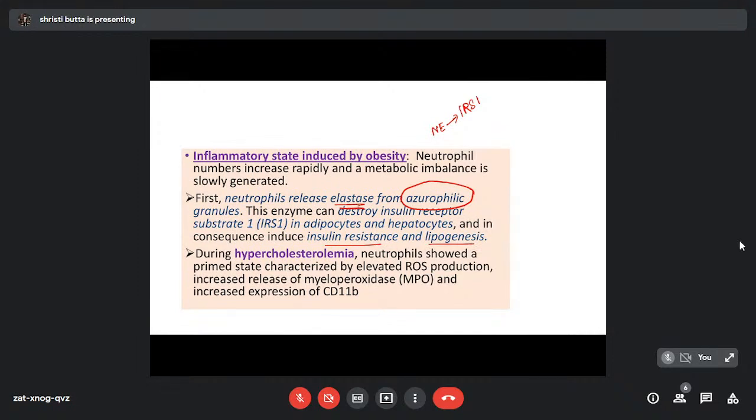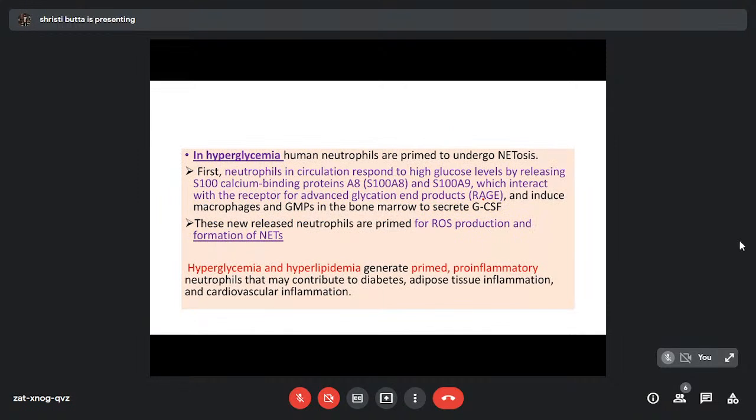In addition, during hypercholesterolemia, neutrophils show a primed state characterized by elevated levels of reactive oxygen species, increased release of MPO, and increased expression of CD11b. So what is the implication? The implication is that in hyperglycemia, neutrophils in circulation respond to high levels of glucose by releasing S100 calcium binding protein A8 and A9, which interact with the RAGE, that is the receptor for advanced glycation end products, and induce macrophages and the granulocyte monocyte progenitors in the bone marrow to secrete GCSF.